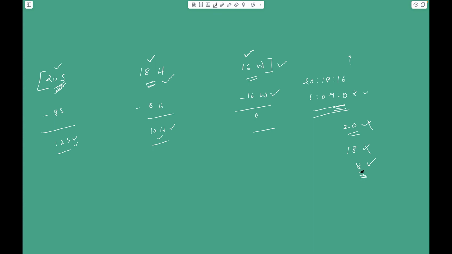So the output is solely determined by the number of wheels we have in this example.